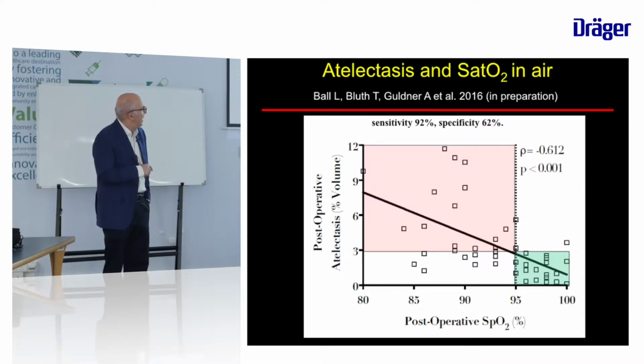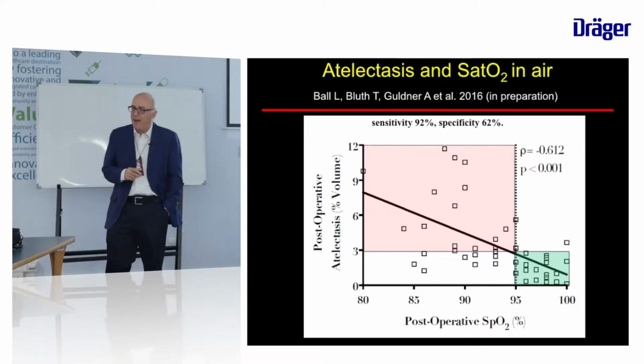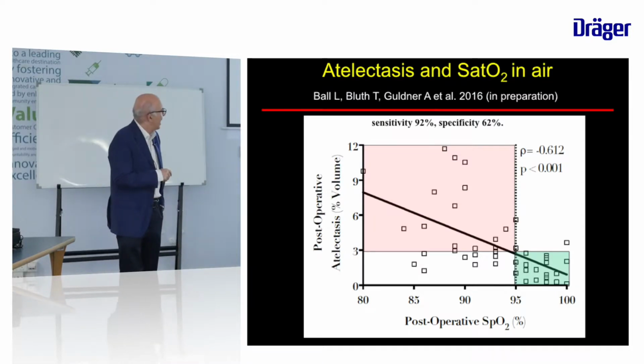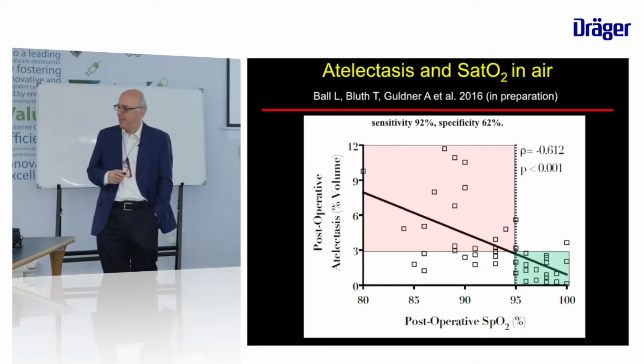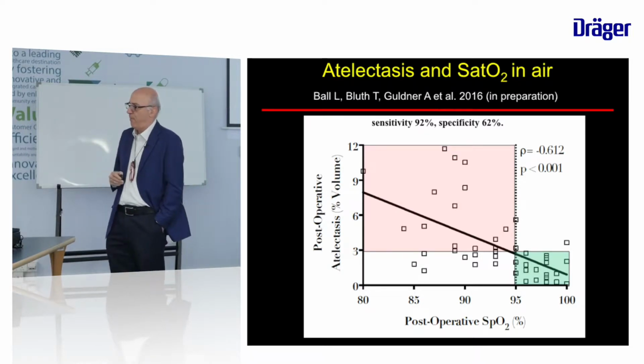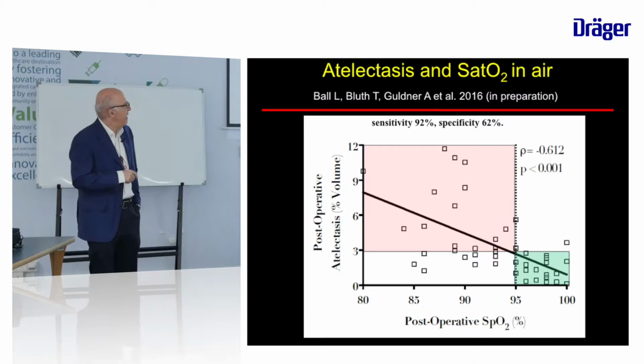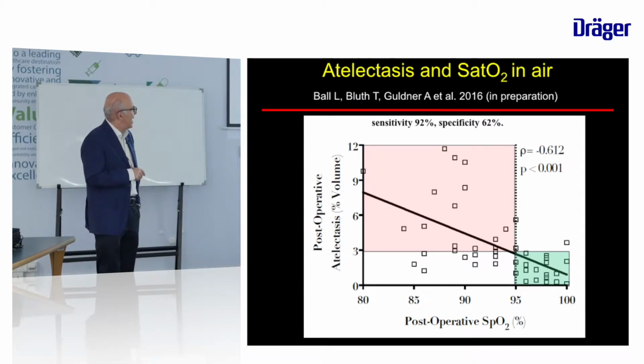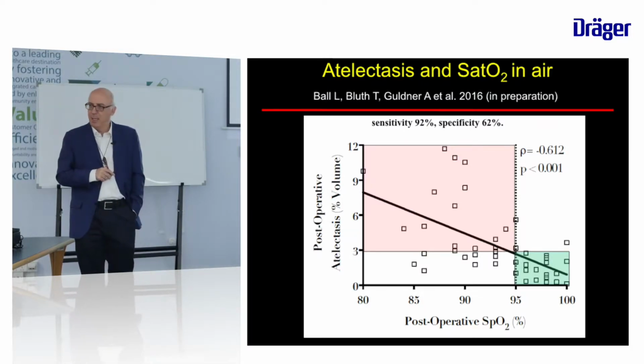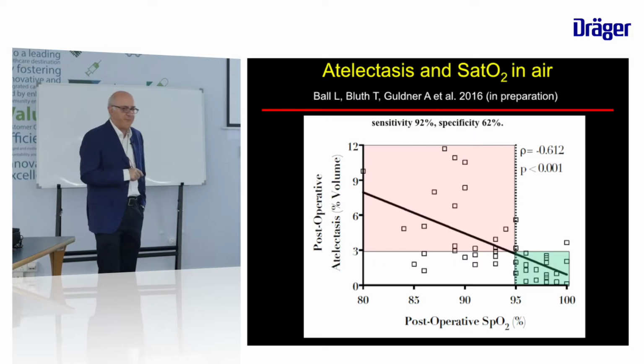If the saturation in air is higher than 95, you are likely not to have any atelectasis in most of the patients. If the saturation in air is less than 95, 2/3 of the patients have a higher amount of atelectasis, while 1/3 do not.